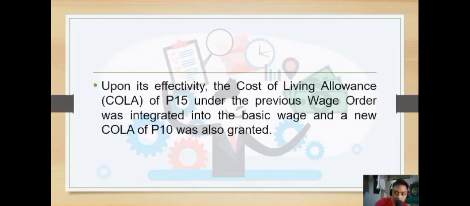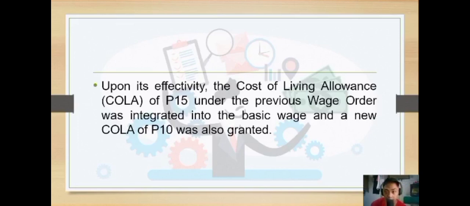So upon its effectivity, the cost of living allowance or COLA of 15 pesos under the previous wage order was integrated into the basic wage, and a new COLA of 10 pesos was also granted.